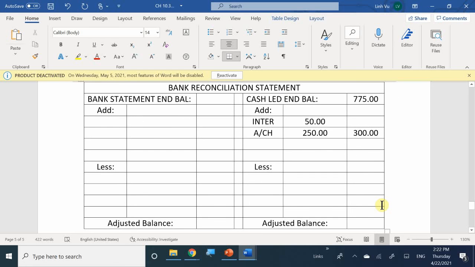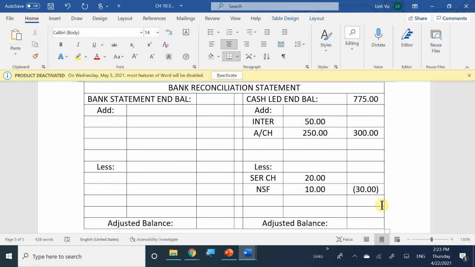So in this case, I have service charge, and I have NSF. Again, my bank charged me $20 and my NSF was $10. So in this case, what is my total amount that I'm going to be subtracting out? 30.